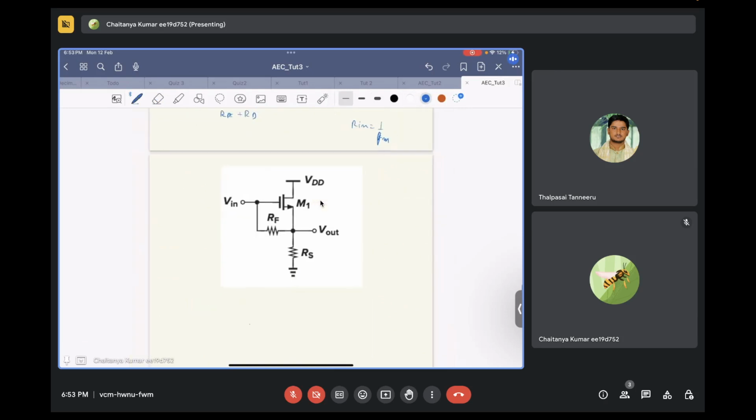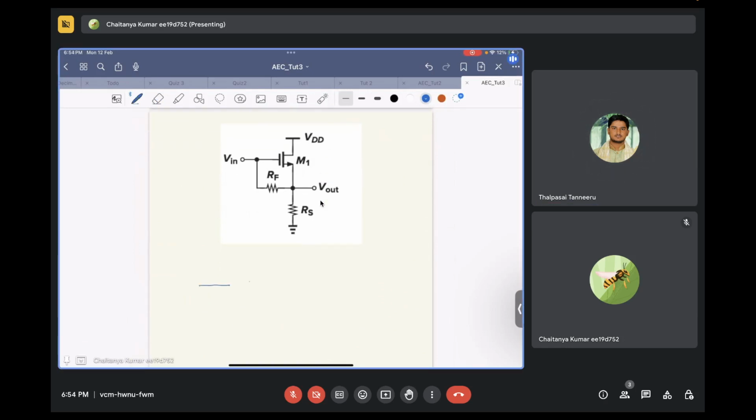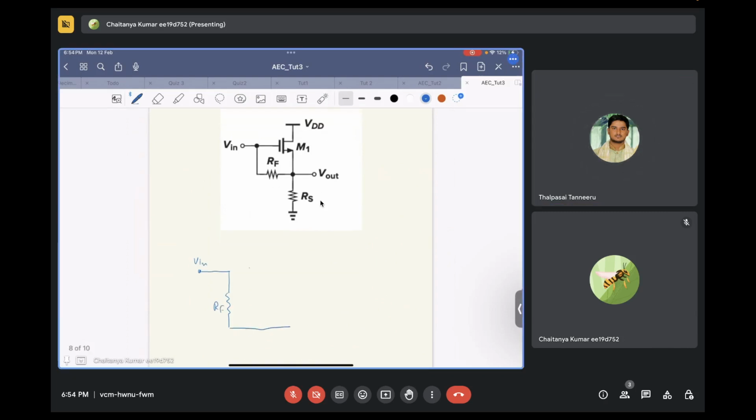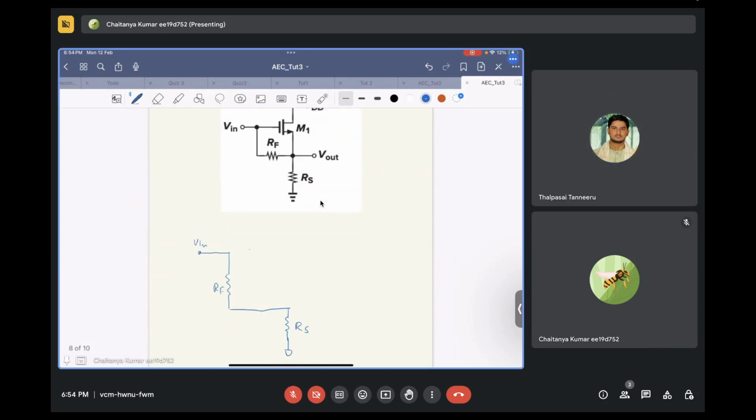Let's try in this circuit. So again, we'll draw the small signal equivalent, V in. We have RF over here. Then we have RS.